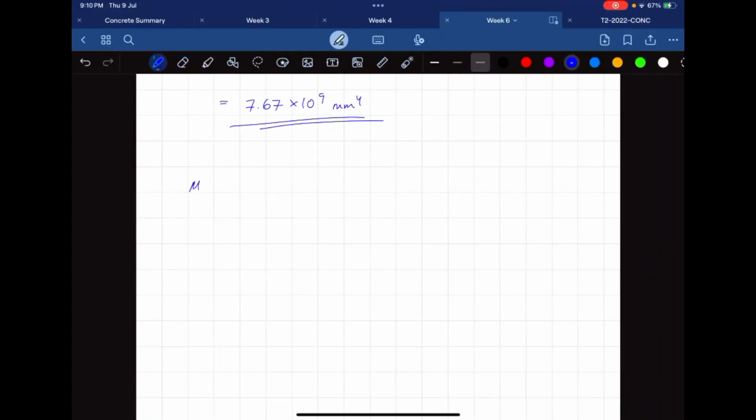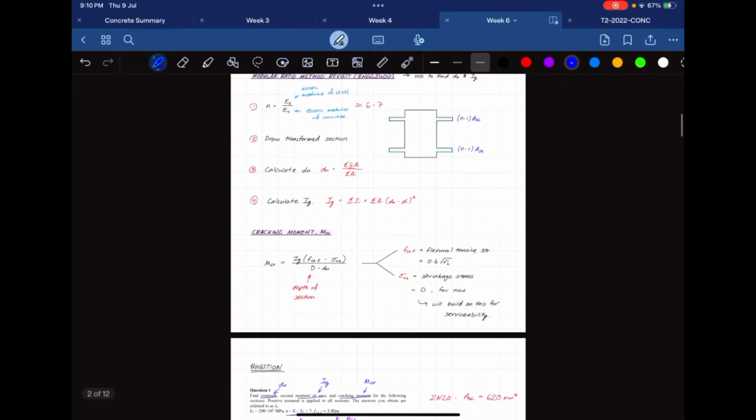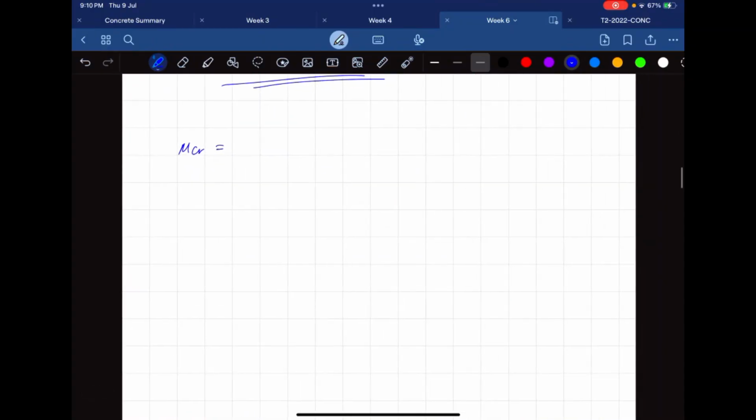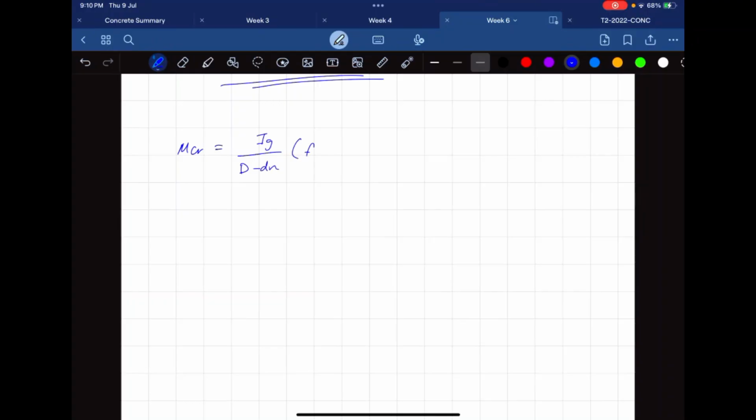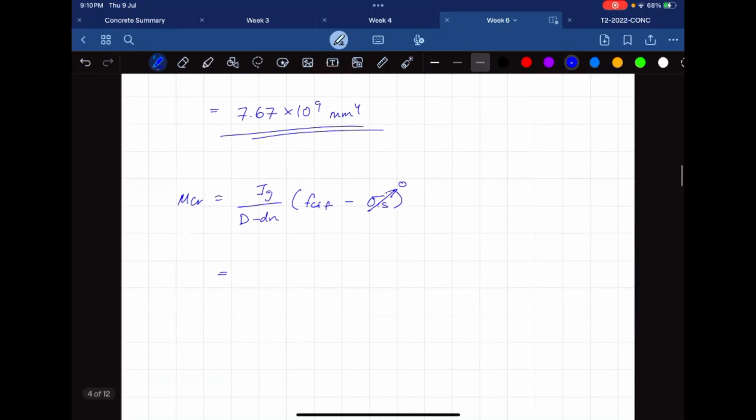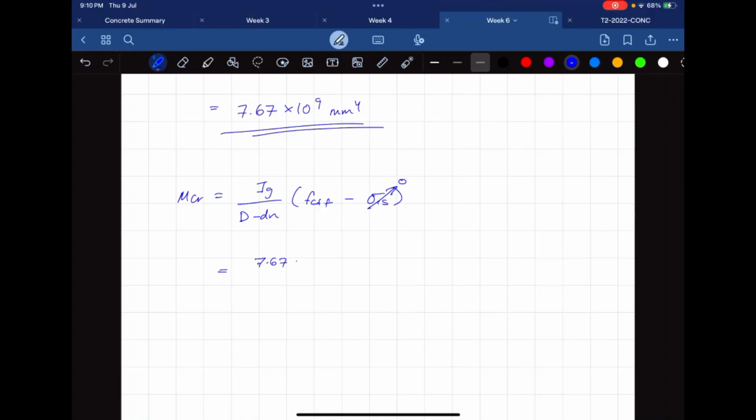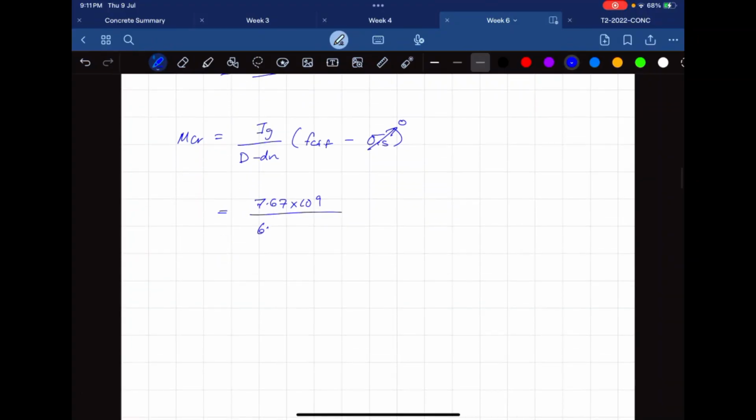MCR, as we said, what was the formula for it? IG over D minus DN times FCTF, minus this, which we just take as 0. IG we just calculated to be 7.67 times 10 to the power of 9. D is 600.